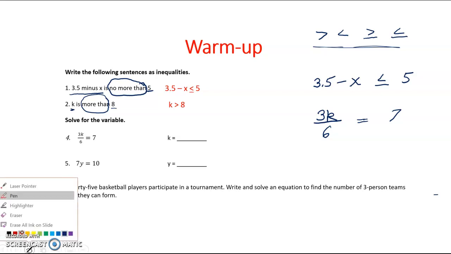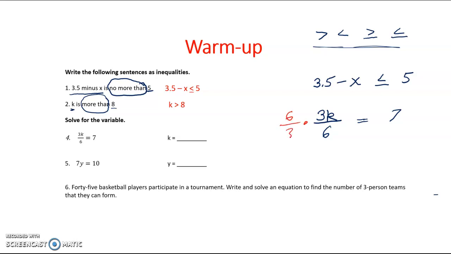So if I multiply times 6/3, now we have to do the same thing on both sides of the equation. Change it one way, you have to change the other the same way. So if I find the reciprocal and do the cross canceling, I reduce these to 1.